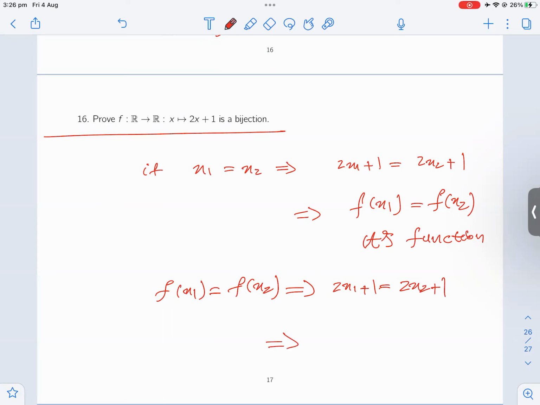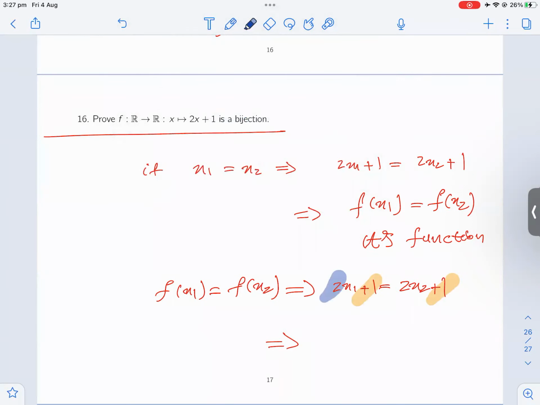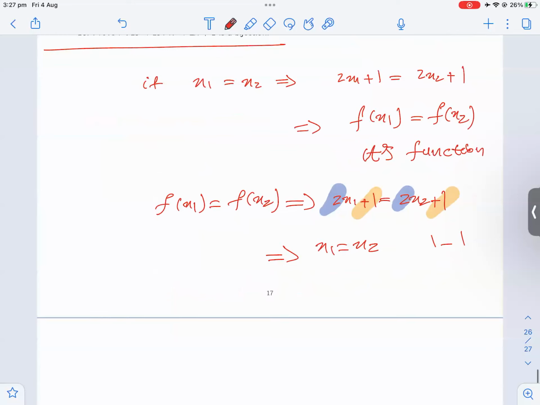From here, we can cancel these, then divide by 2. So x1 is x2. So it is 1 to 1.